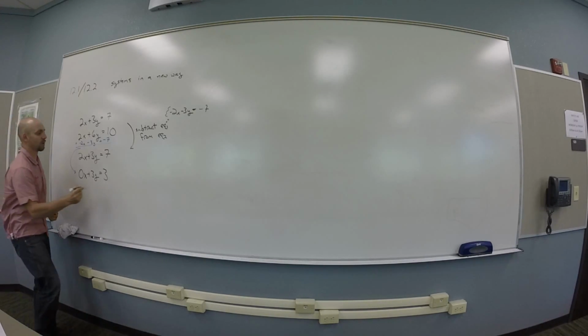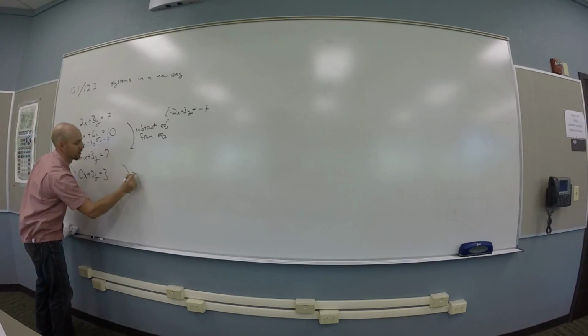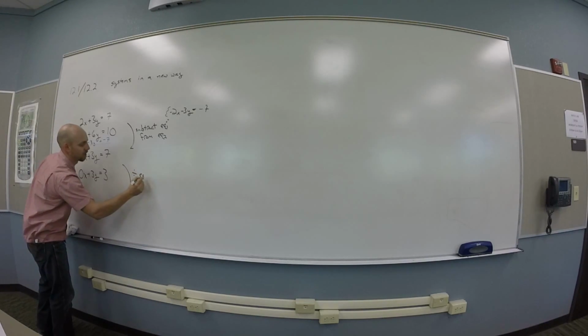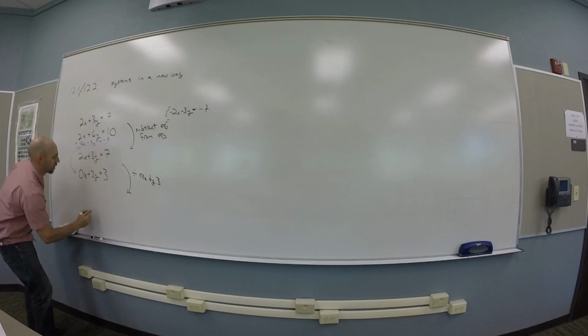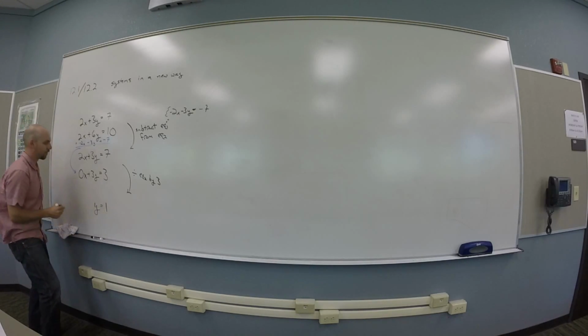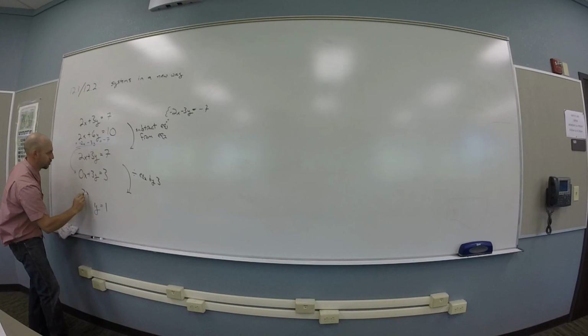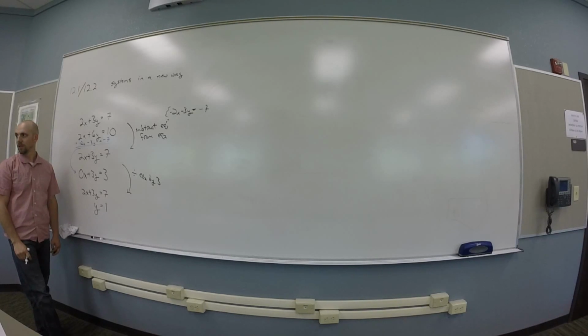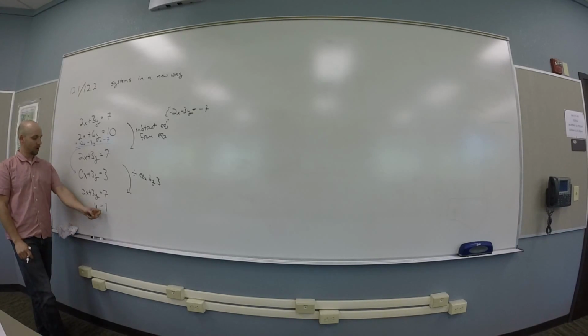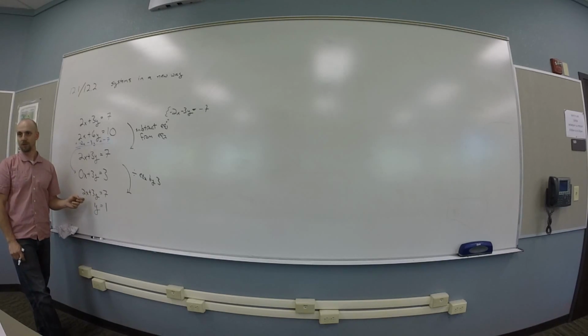Okay, and then what do I do? I divide equation 2 by 3, so I'll get y as 1. And the first equation's still going to be 2x plus 3y equals 7, right? Now at this point I know what y is, and then I could plug it back in.